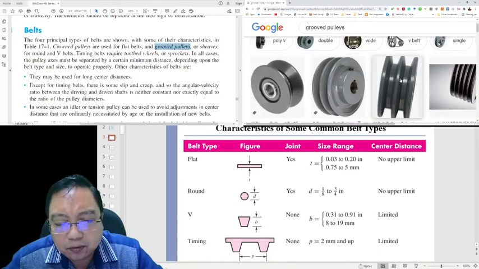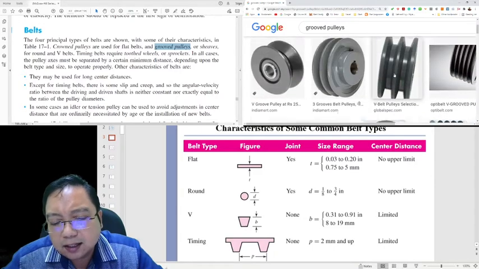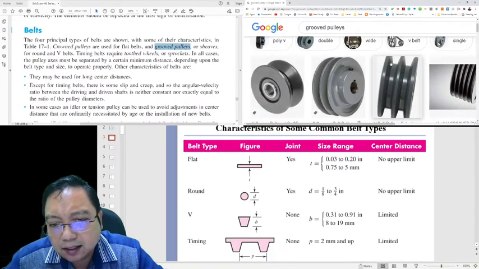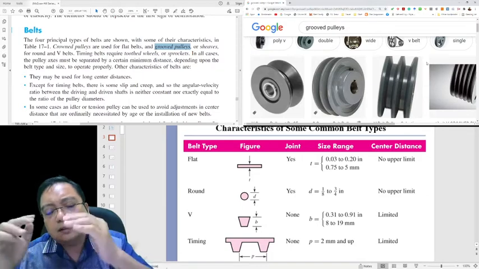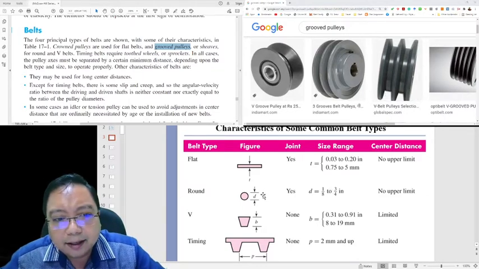We have some groove. This is the type of groove. You can see here have groove. And then the sheave. Grooved pulley or sheave is also the same thing.